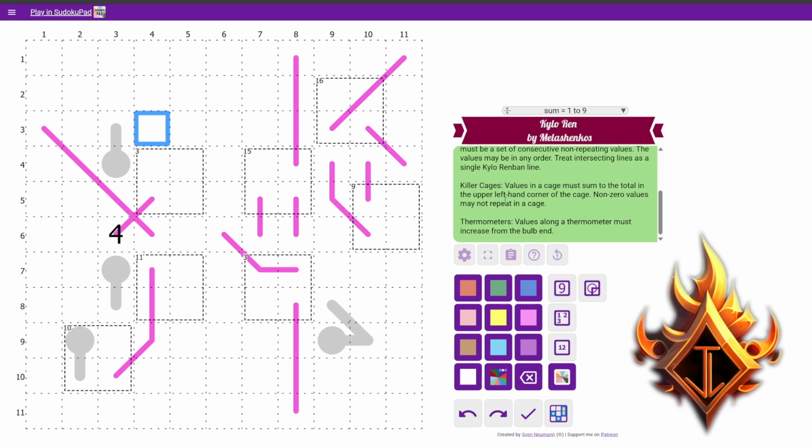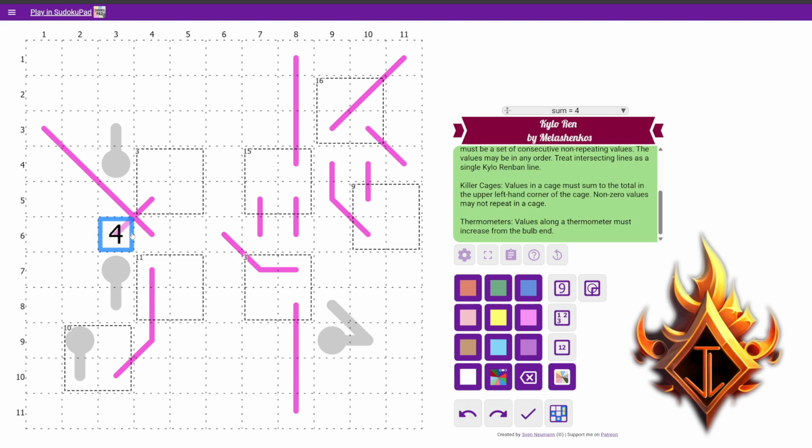So zeros can repeat in cages, but digits cannot. Right, so that's going to give me some hints for that one and that one. There will definitely be zeros in those. Thermometers, values along a thermometer must increase from the bulb end up to the tip.